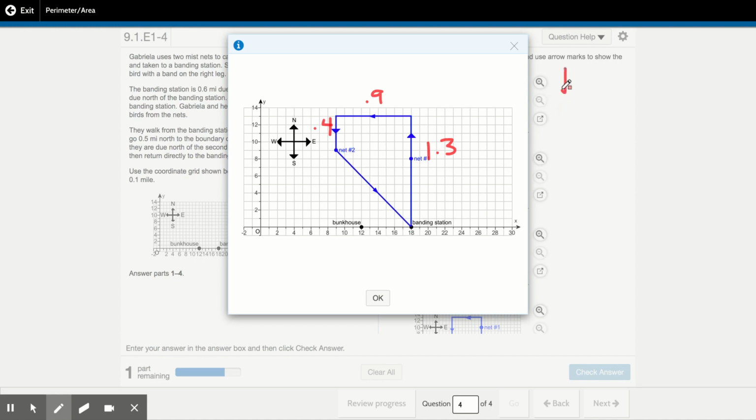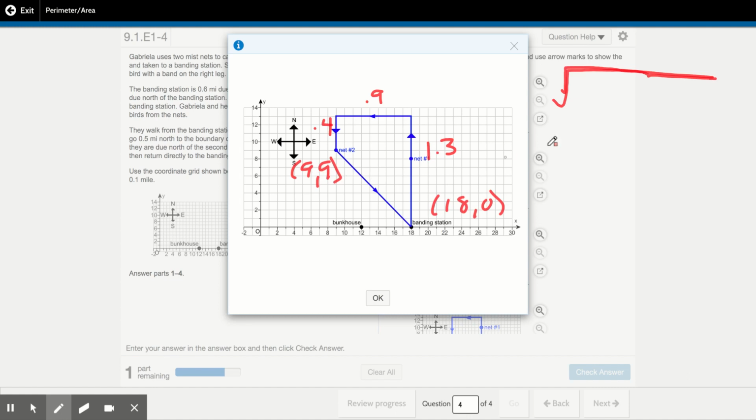And how we're going to do that is we're going to use the distance formula. So let's use the distance formula for this one. We have this point at 9, 9, and this point at 18, 0.